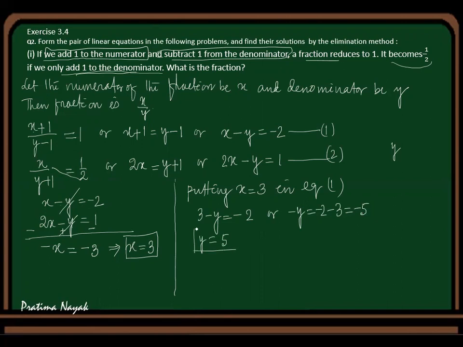This is your denominator. What is the fraction? Fraction is 3 by 5. This is the answer. You can check the answer.